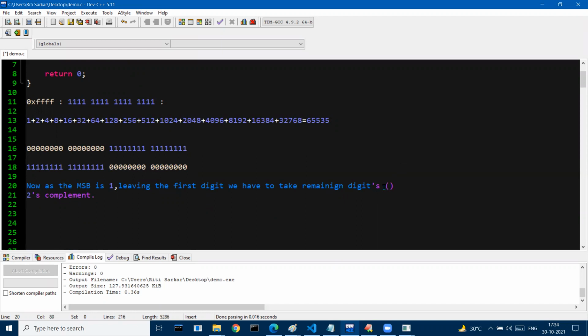I need to take the 2's complement, sir. But first go for the 1's complement of this. What will be the value, guys? Here all will be 0, right? Yes, here all will be 0. Then here all will be 1.